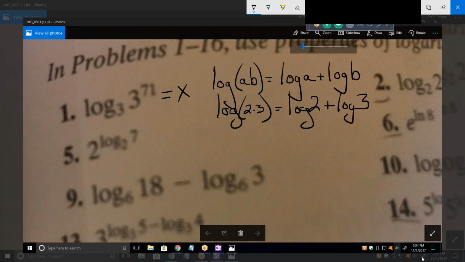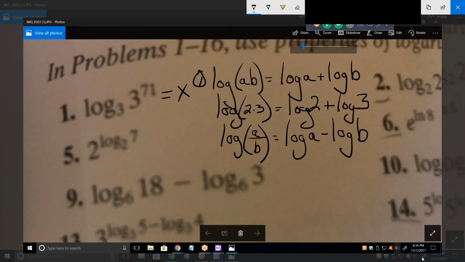When you are multiplying two bases with different exponents, you add the exponents. Now, if I'm doing division in the argument, a divided by b, then that's equal to the log of a minus the log of b.